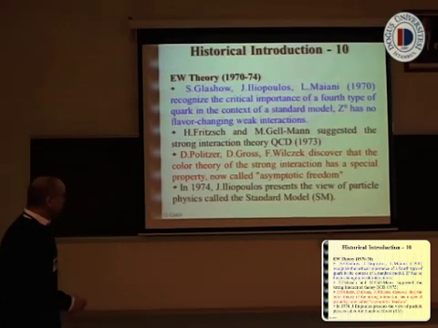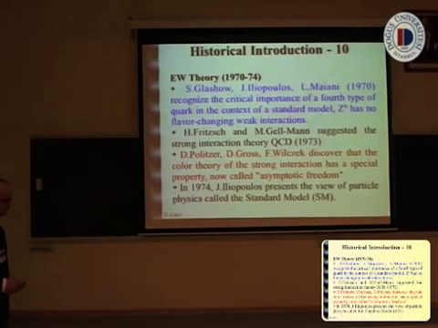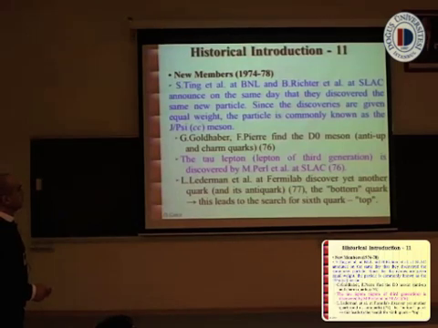In 1974, Iliopoulos presents the wave of particles called the standard model. There are also new members in the story, because the fourth quark, the charm quark, is discovered in these years, and the D0 meson is found in 76.